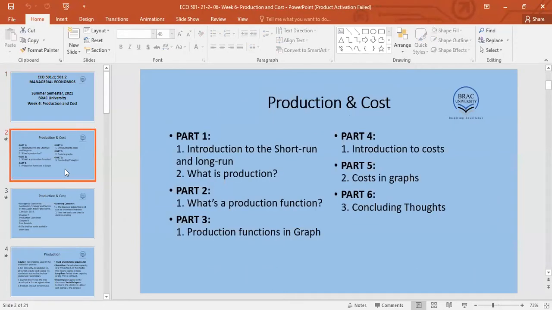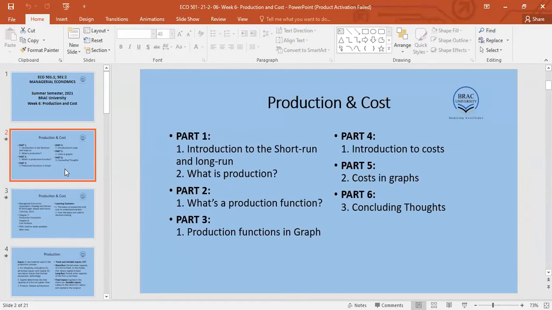So basically, we're going to look at two topics, production and cost, and how they're defined in economics. We need this because the next topic is markets. We'll look at two particular markets. Why we will look at those two particular markets, I'll discuss at the end of the class. In part 1, we will look at how we define short run and long run and what production is.